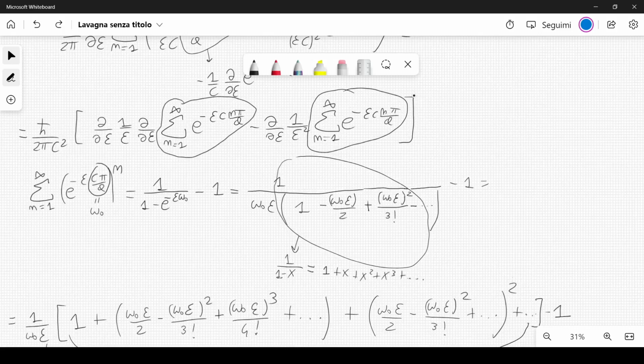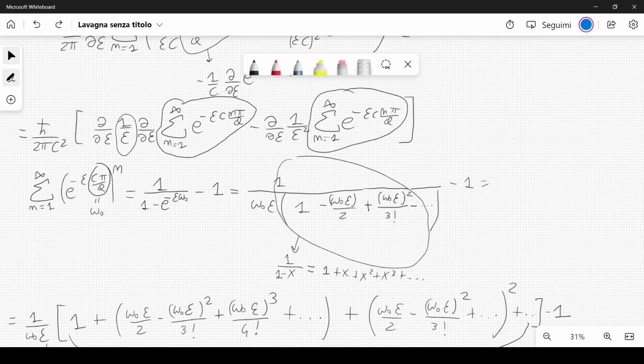For example, if you consider epsilon to the third, when you divide it by epsilon squared, you get something proportional to epsilon, and therefore when you take the derivative, you get a constant. Similarly here, if you have something proportional to epsilon to the third power, when you take the derivative you have something proportional to epsilon squared.